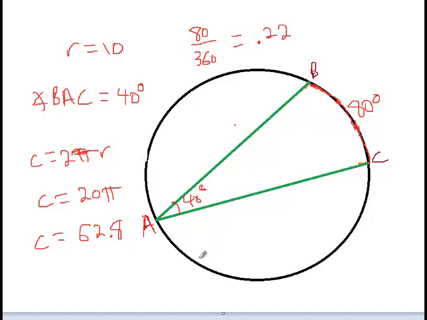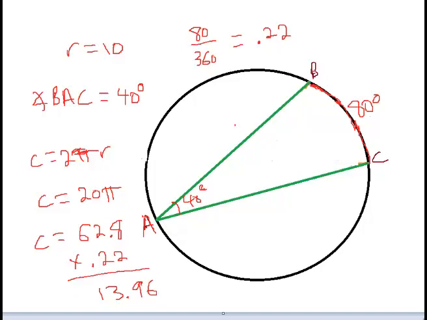And so in order to convert this, I just have to multiply by 22%, or multiply by 0.22 repeating. So I'm going to multiply that by 62.8, and I get approximately 13.96, rounded off. So the circumference of this arc, as it's swept out, is approximately 13.96.